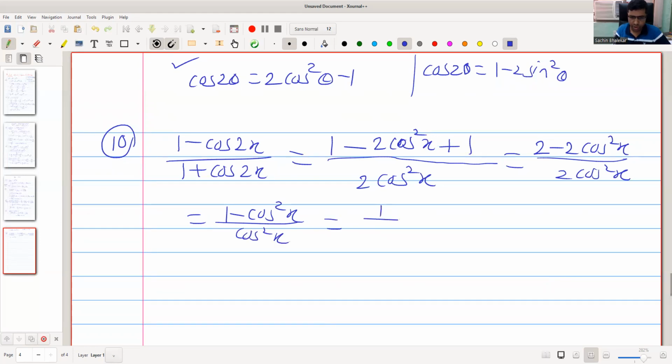And simply it is 1 upon cos square x minus cos square x upon cos square x, that is 1. Now we can integrate, because 1 upon cos square x is sec square x, and this is straightforward.